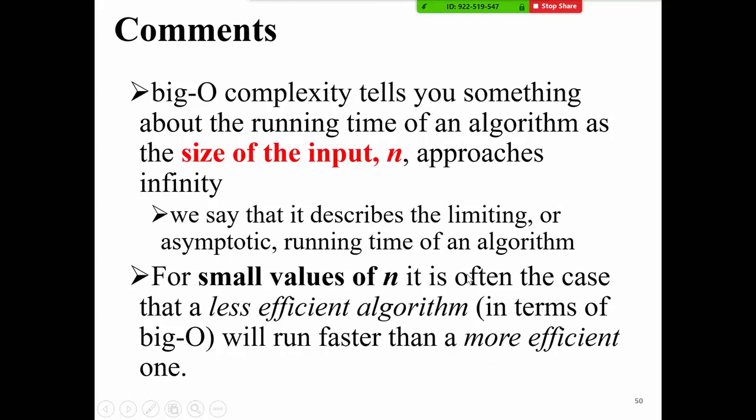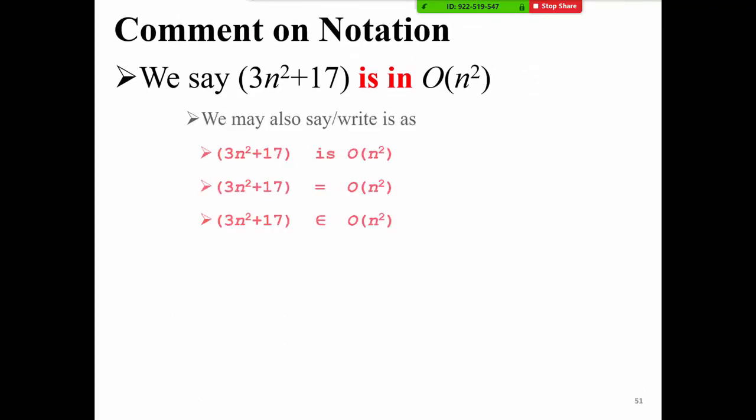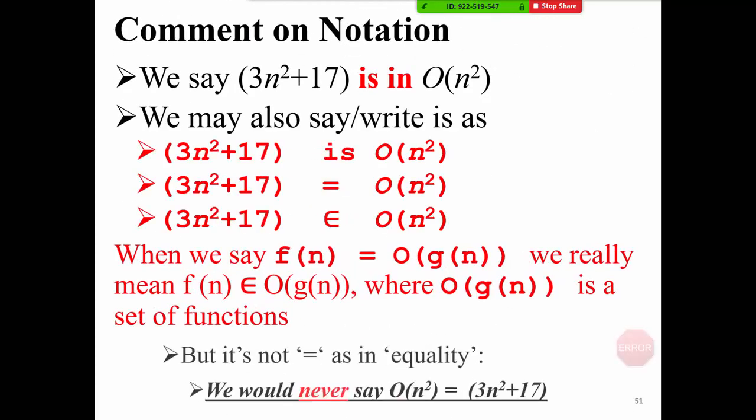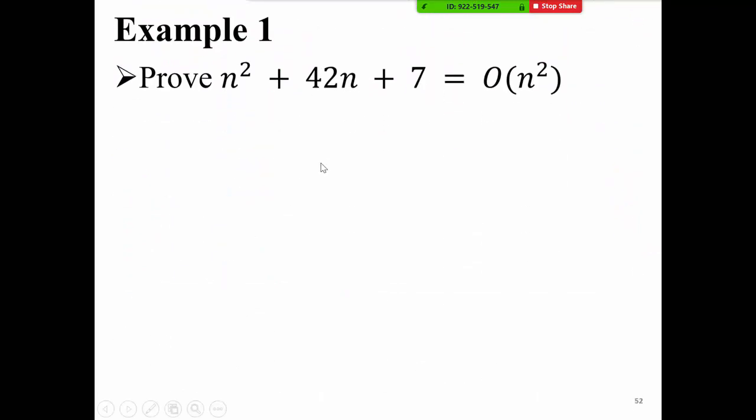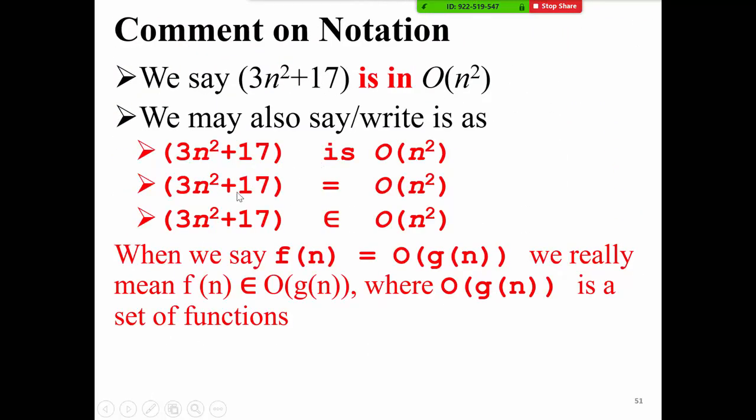I recommend all of you to read the slide. It is a very good slide where we say that 3n squared plus 17 is O of n squared. That means it is an element of O of n squared. We can say 3n squared is O of n squared, and 3n squared plus 17 is a member of this family.